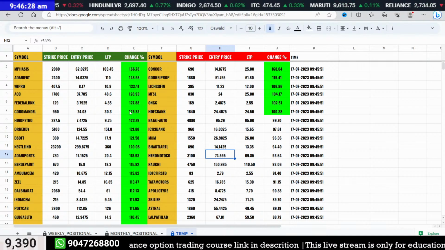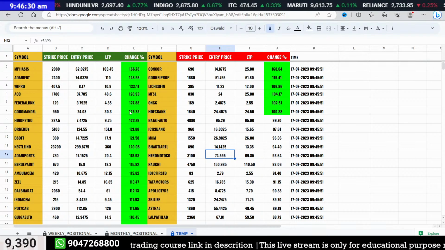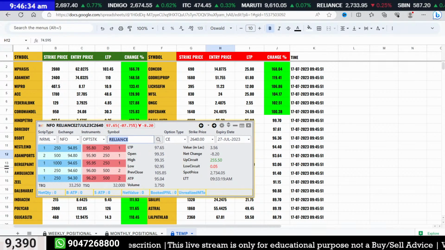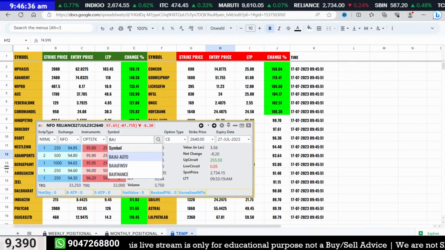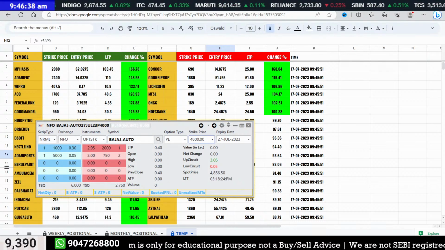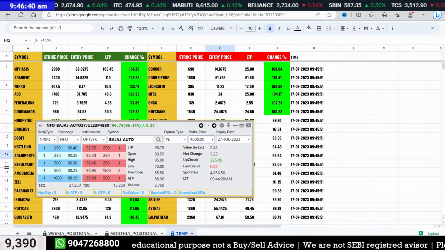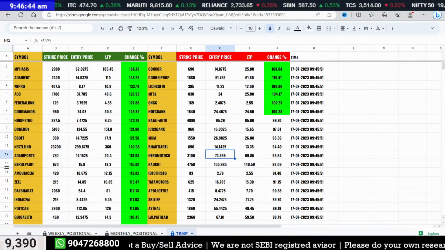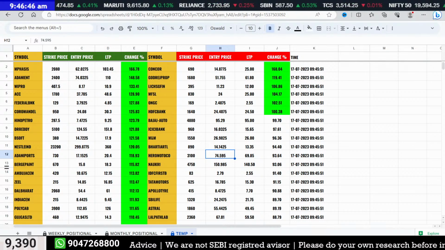Bajaj Auto 95. Okay, I think most of the time this is not a liquid one. Let me check. Only 293, just about only 3 lots traded, so better avoid. The ICICI Bank is also nearing.